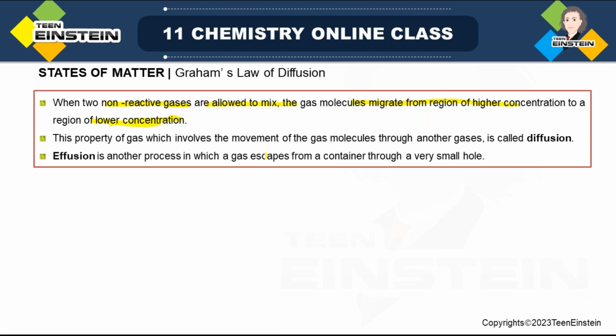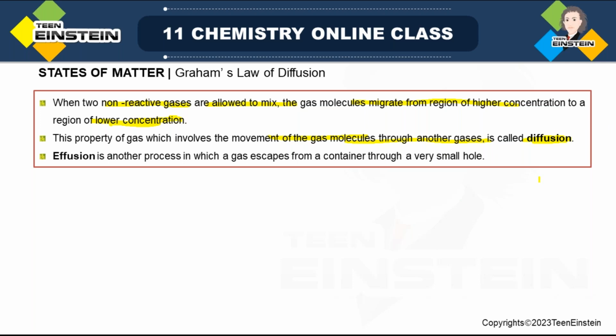So this property of gas, which involves the movement of gas molecules through other gases, suppose gas number 1, its molecules are moving through the gas molecules of the second gas, this property is known as diffusion.